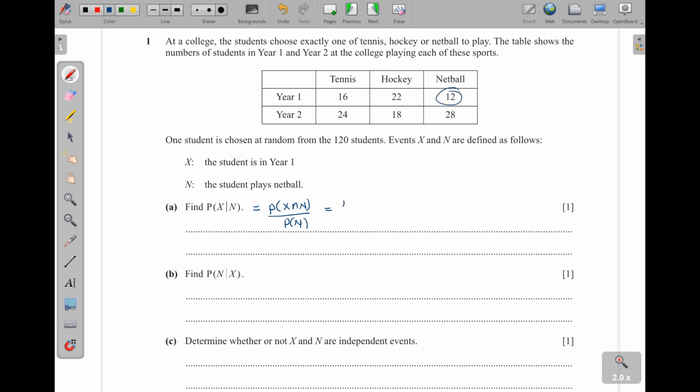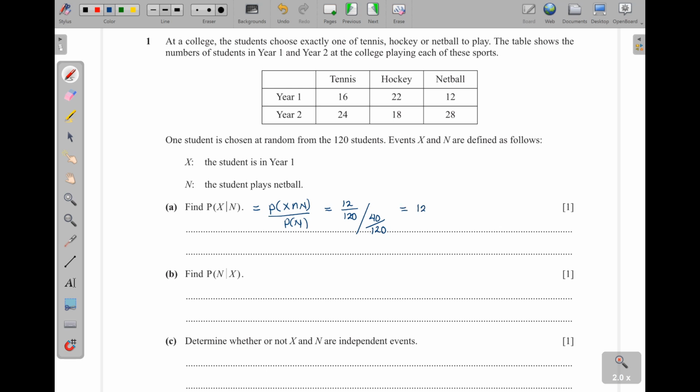So I'll write 12 out of 120. Then I will divide by the probability of a student who plays netball. So netball, I'll come here and I add these two, 12 and 28. We shall get 40. So it will be 40 out of 120.